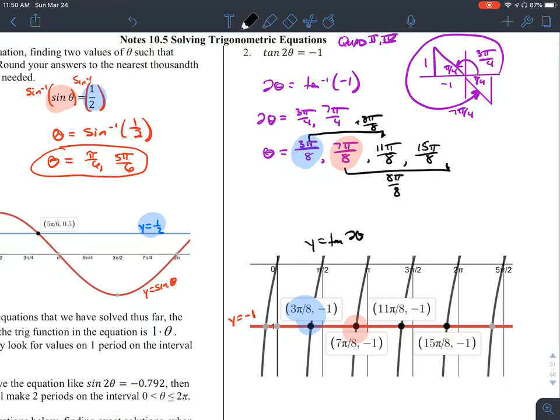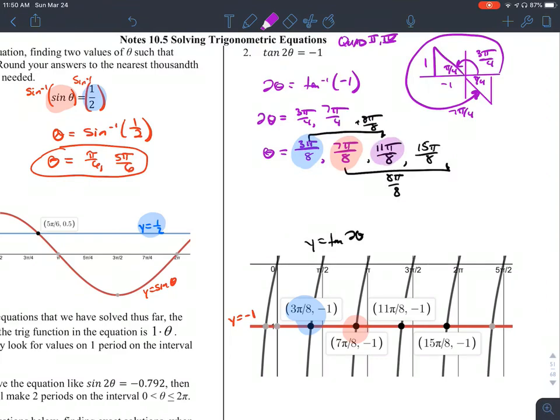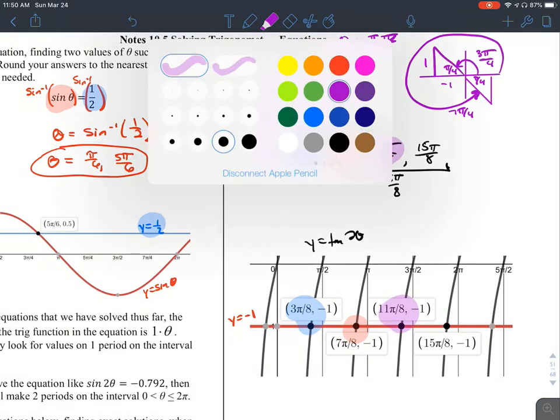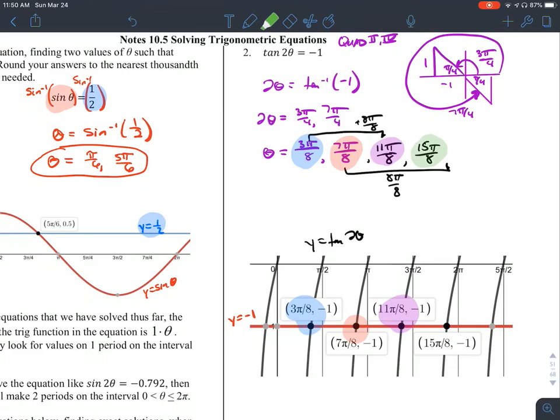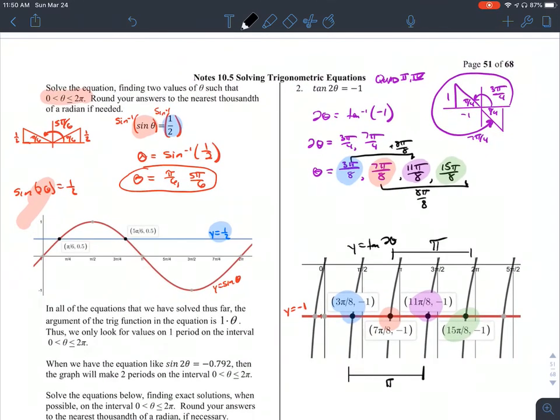These other two answers, which I'll highlight as purple and green, the distance from here to here is exactly 1 pi. The distance from here to here is also 1 pi. Just showing you how that shakes out looking at the graph. And let's continue and check out some more examples.